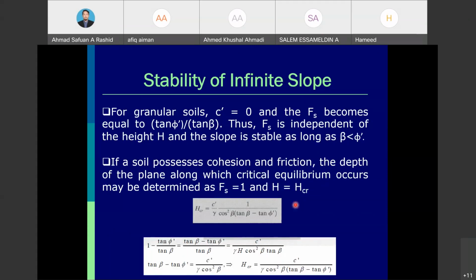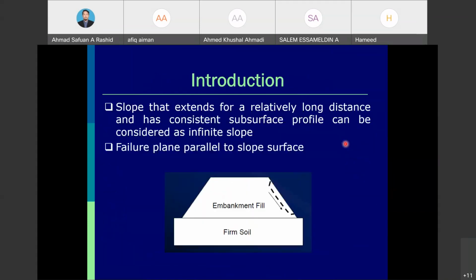Actually we have discussed this on the previous slide: if beta is less than phi, the factor of safety indicates the slope is considered in a safe condition.